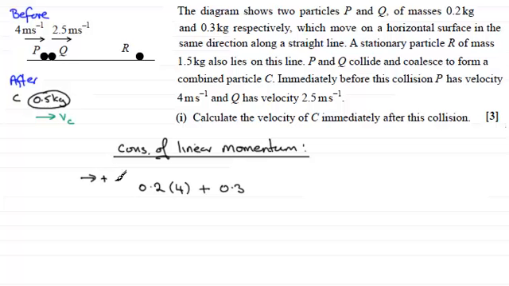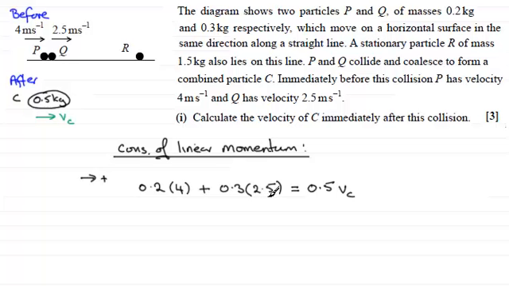Again, it's in the positive sense. And this now equals the total momentum after impact. Well, the mass is the mass of C, which is 0.5, and the velocity is Vc, in the positive sense, so we can just write that as Vc there.